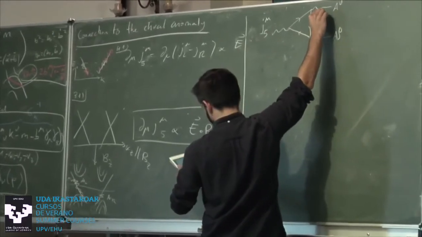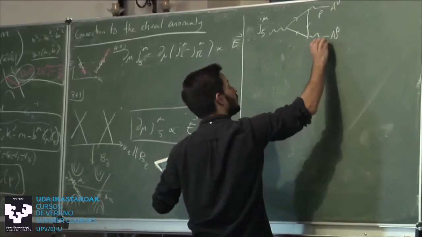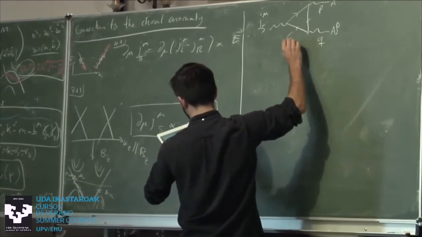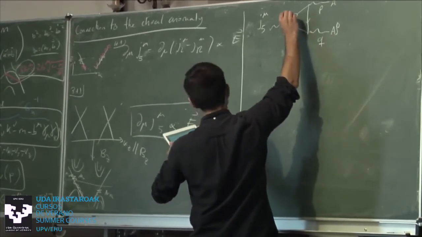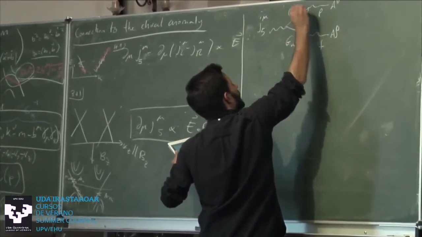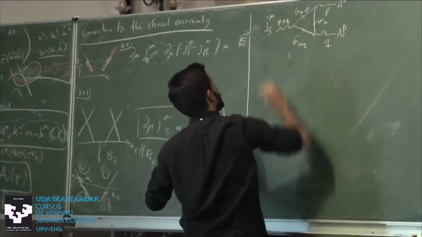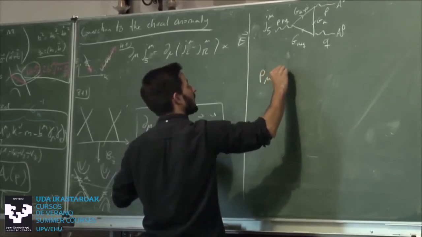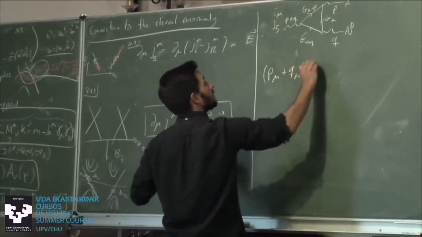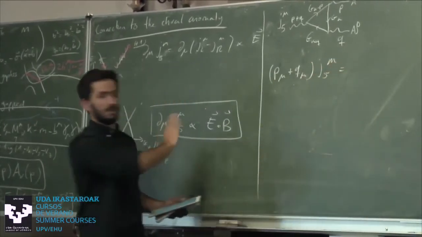But I have to be a bit careful because there's some kinematics here. Let's say one of the external fields has momentum P, the other one has Q, and so the Green's functions in this loop are going to have K plus Q, K minus P, K, and here there's going to be P plus Q. So in momentum space, this equation would look something like this: J5 mu equals something.